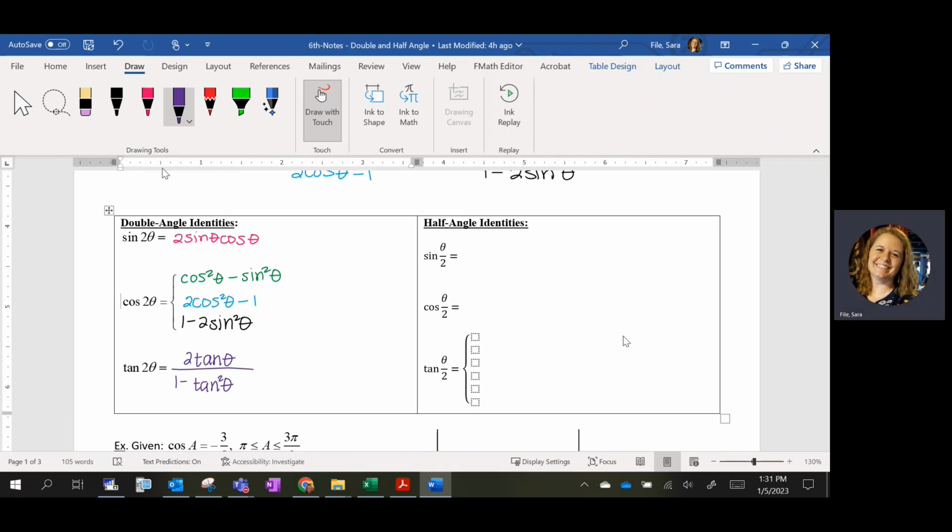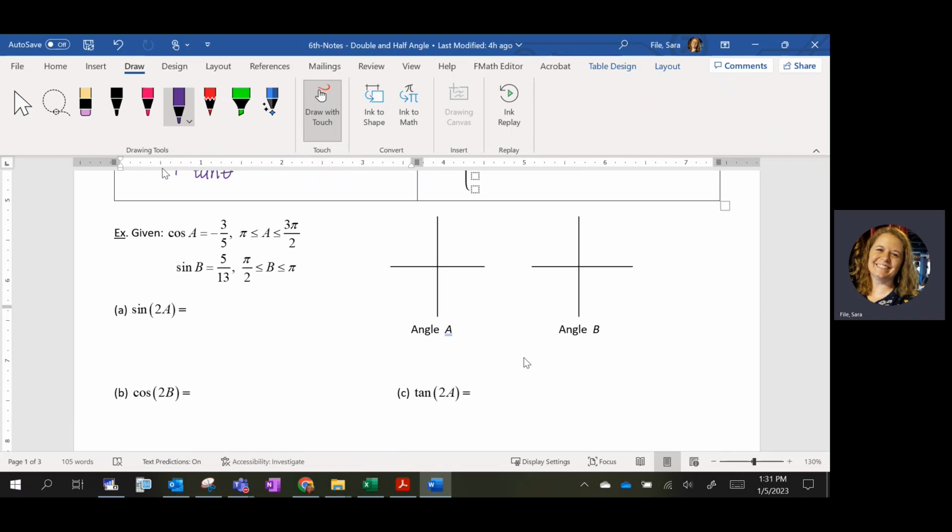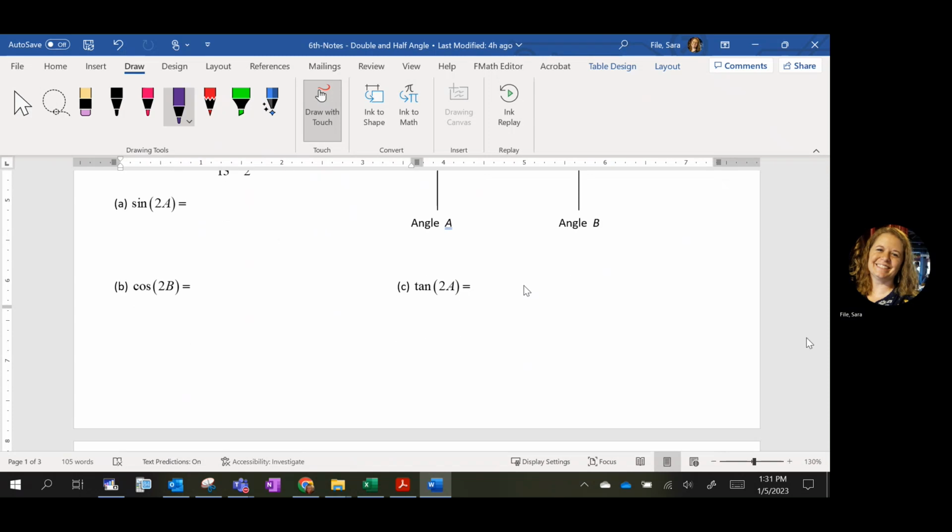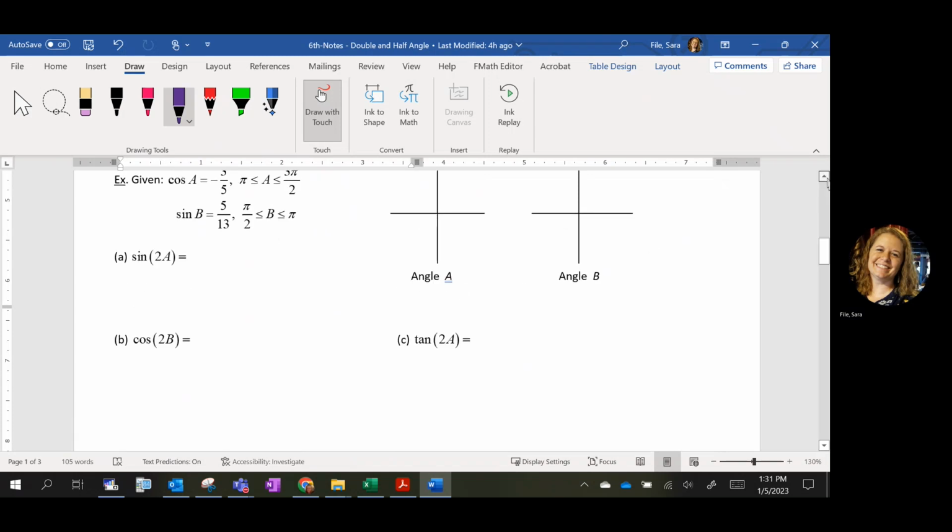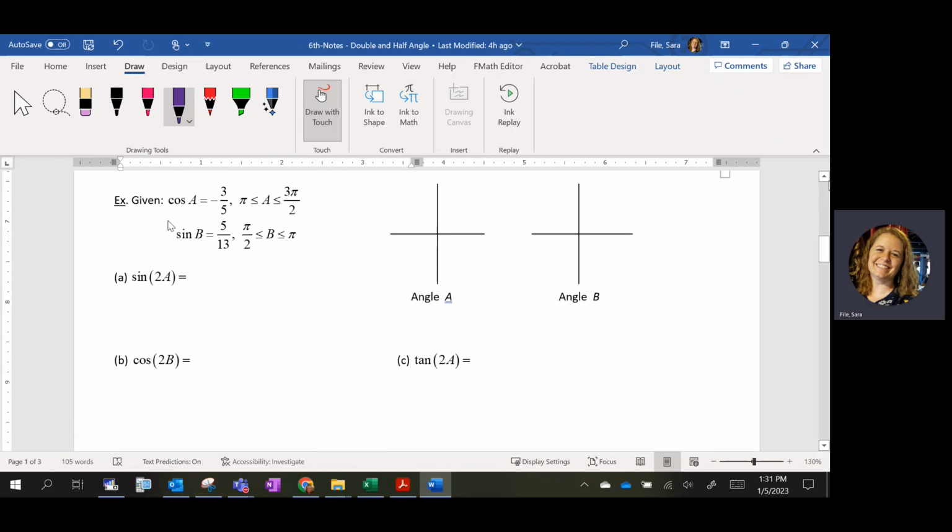Okay. So we're going to try this first example down here. Example says given cosine of A is -3/5 and A is between pi and 3 pi halves, and sine of B is 5/13 and B is between pi halves and pi. We're going to use that information to answer these questions down here, A, B, and C. Okay, so let's see.